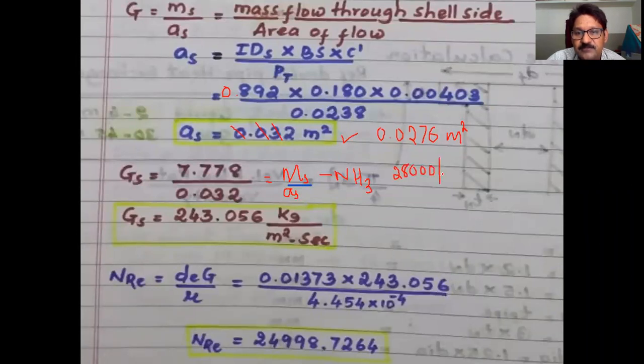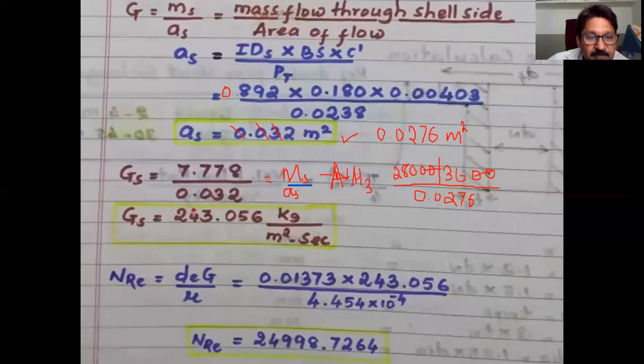I am converting this into seconds, divided by 3,600. You can see these two here, divided by 0.0276. What is the answer? Gs. Sorry, it is 281.